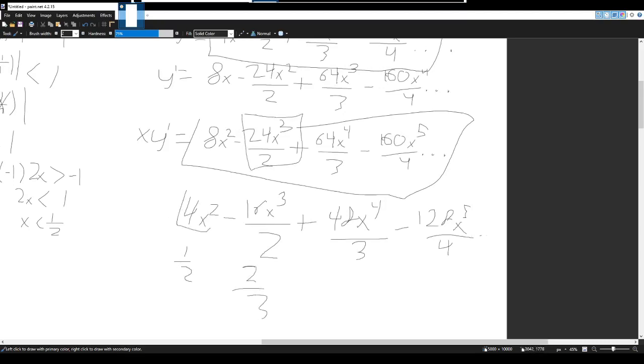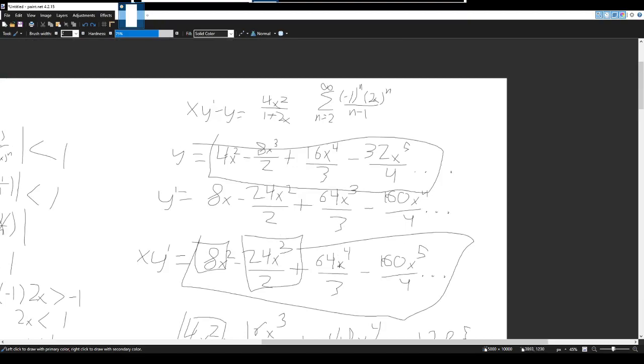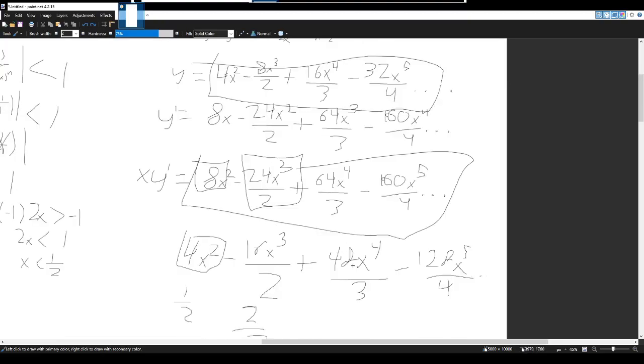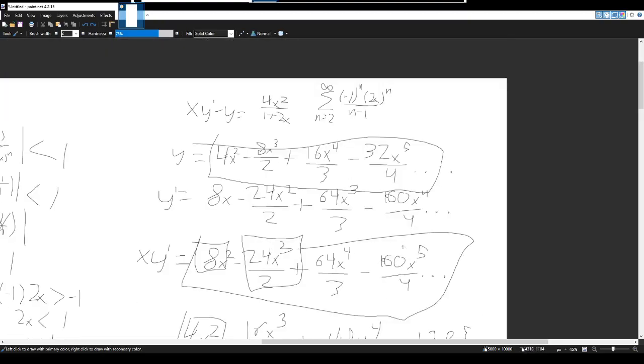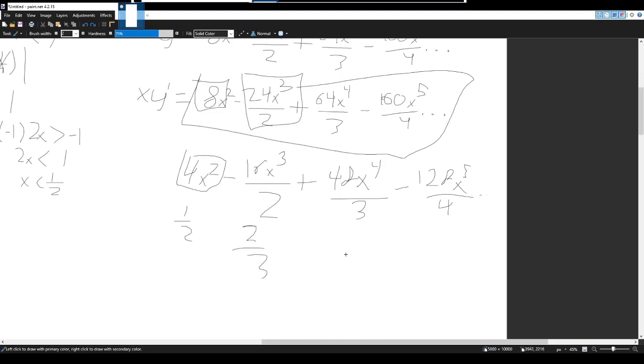This 4x squared is 1/2 of this. The 16x to the third over 2 is 2/3 of this, right? Let's see if the pattern holds. So if the pattern were to hold, we would predict that we have the 64 minus 1/4 of 64, so it would be 3/4 of 64, so 48. And then again, we would predict this to be 4/5 of the 160, which is 120. So it seems like that actually works.